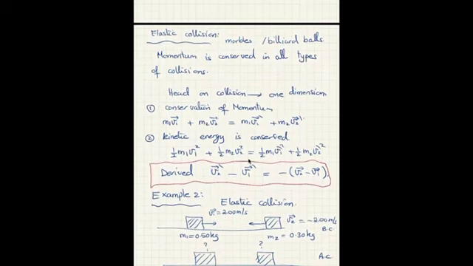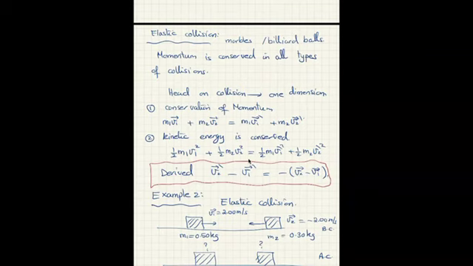Now, the first collision that I'm going to consider here is one type of very important collisions, which is called elastic collisions. The elastic collision is a collision that can occur between marbles or billiard balls.